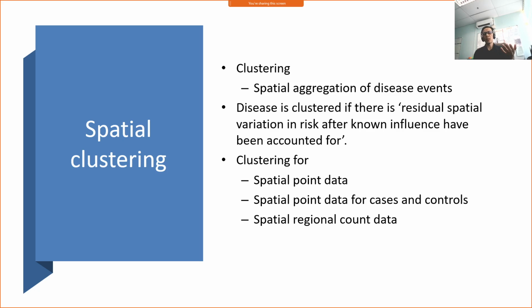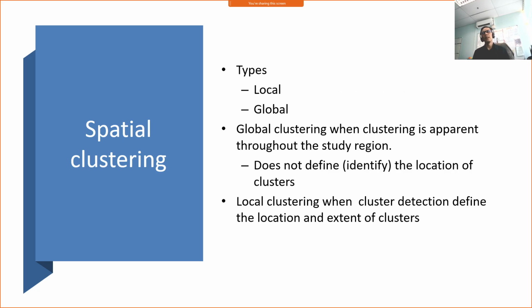And then spatial regional count data, that is for aggregated data. Clustering has local and also global clustering. Global clustering happens when the clustering is apparent or seems to happen throughout the study region.